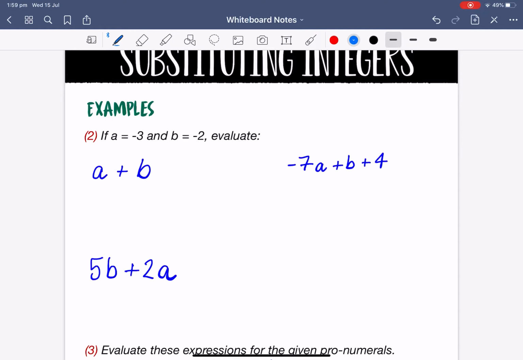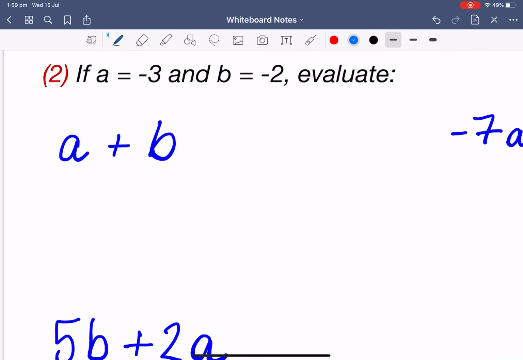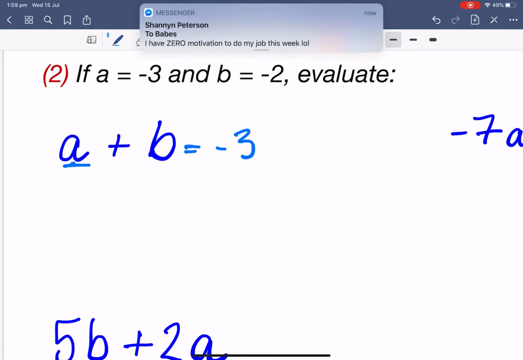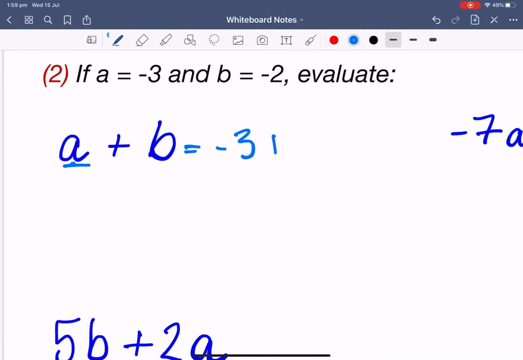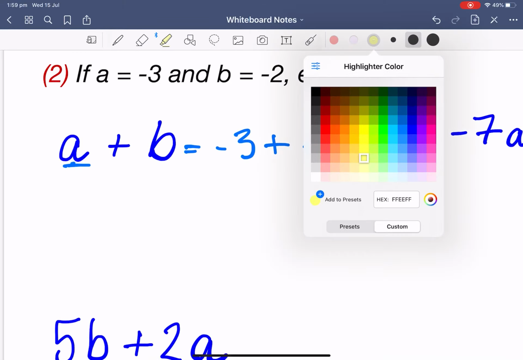If A is -3 and B is -2, evaluate. So A equals -3, because A is -3, plus B, -2. Now remember I told you whenever you see two symbols together, you need to highlight them.